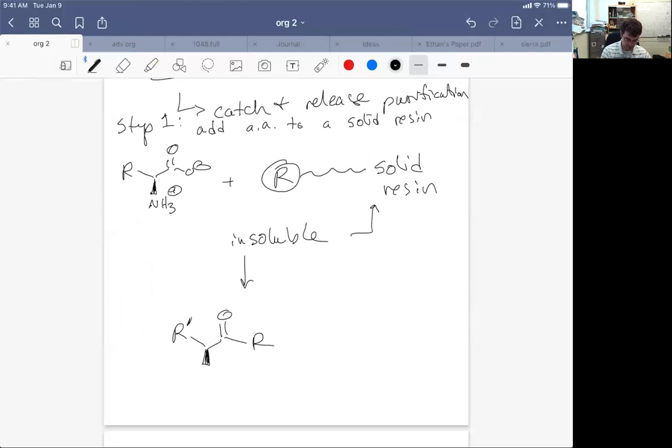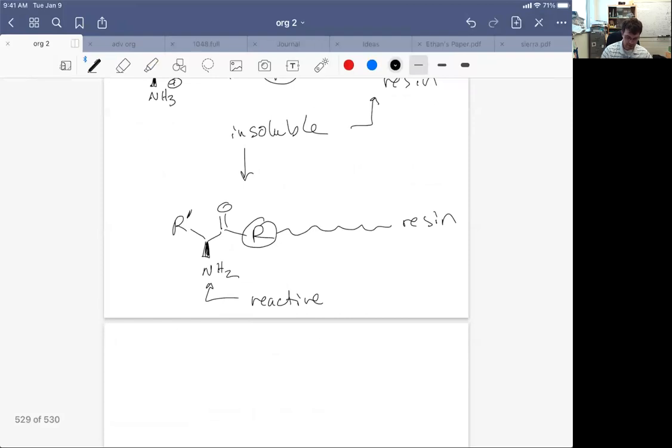And I guess R prime on the side chain, sure. Anyway, the R over here is supposed to stand for resin. The resin is usually attached to the molecule by way of a linker, a long chain linking unit, which I'm trying to capture here. When we do this, the NH3 now becomes NH2, and this is reactive.